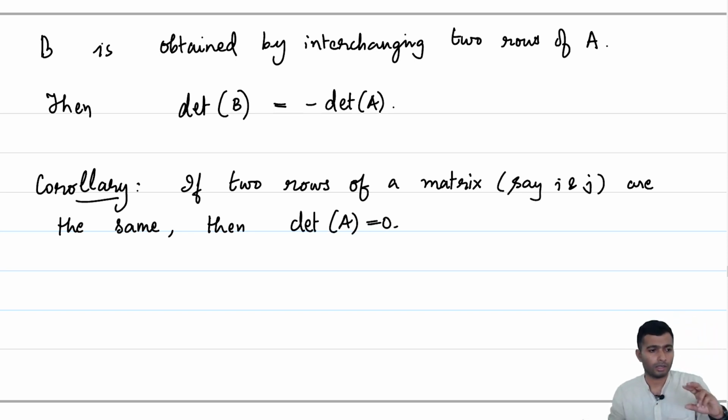Because do the elementary row operation of type 1 where we interchange row i and row j.